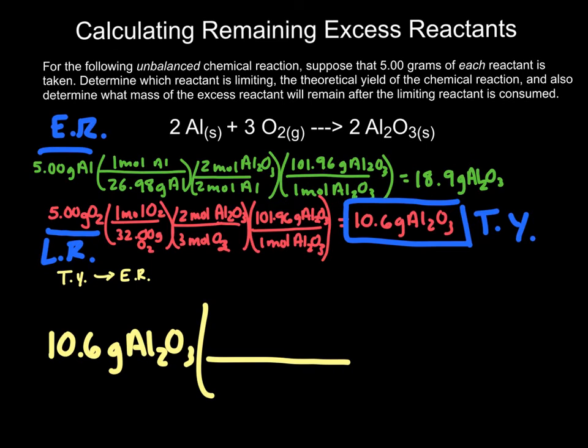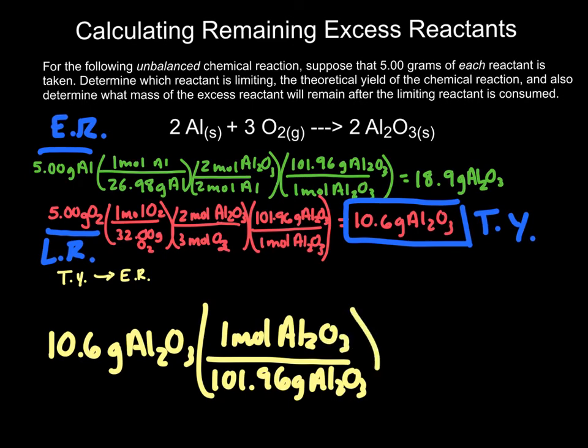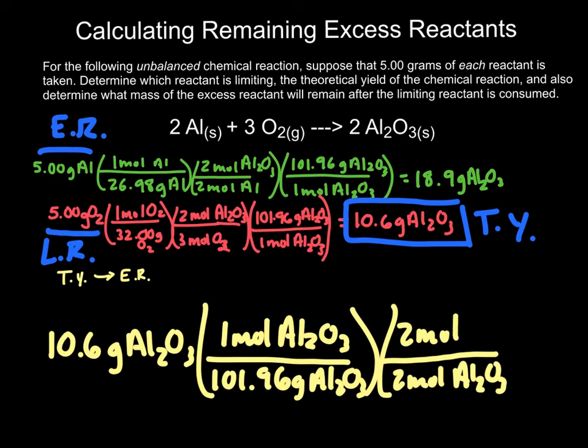So here we'll use the molar mass that we calculated in the first problem, 101.96 grams of aluminum oxide for every 1 mole of aluminum oxide. And then we use the mole ratios. 2 moles of aluminum oxide are produced for every 2 moles of aluminum that react.